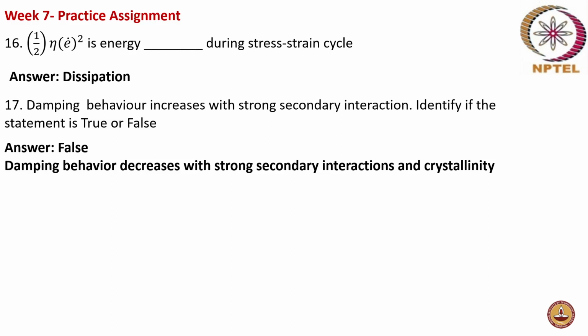For example, when rubber is placed between two vibrating materials, it has to dissipate energy so that the vibration is not transferred. So when there are strong secondary interactions or crystallinity, this damping effect will be lesser because the material is unable to dissipate energy.